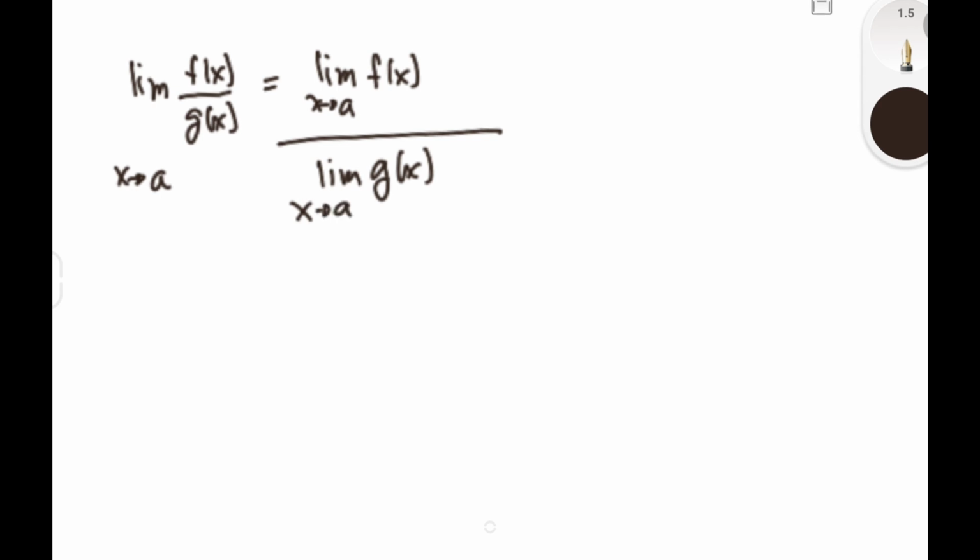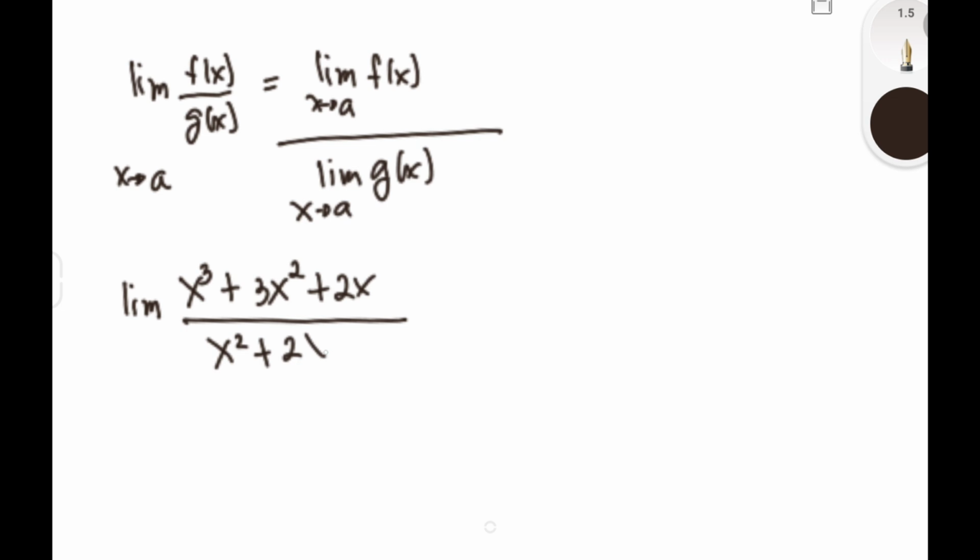So an example for this one is, let's say we have a function equal to the limit of x cubed plus 3x squared plus 2x divided by x squared plus 2x plus 1, as x approaches 1.